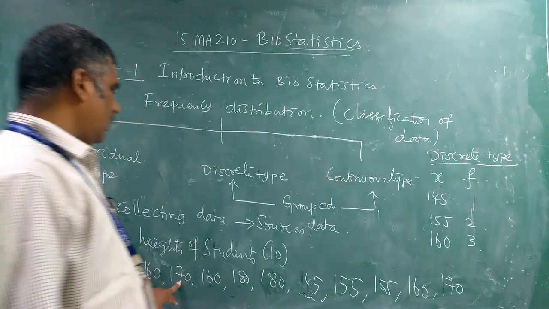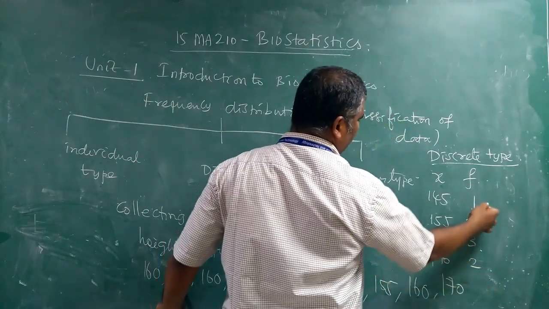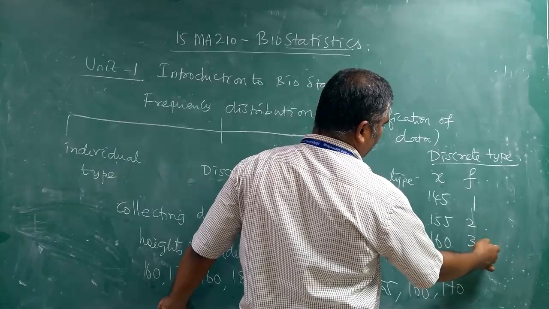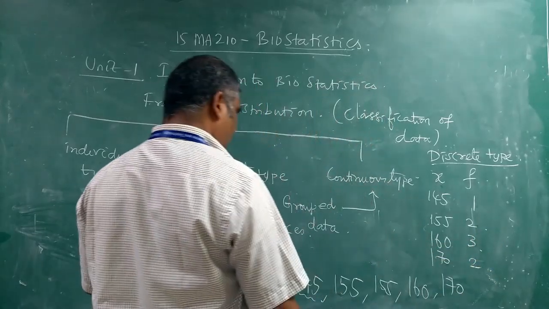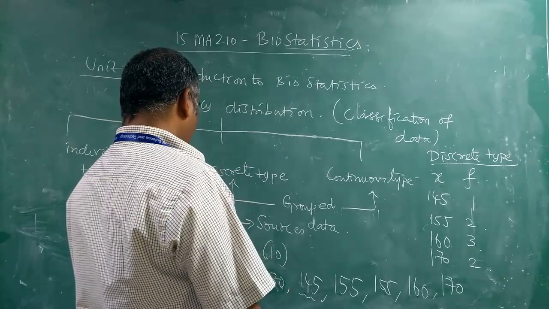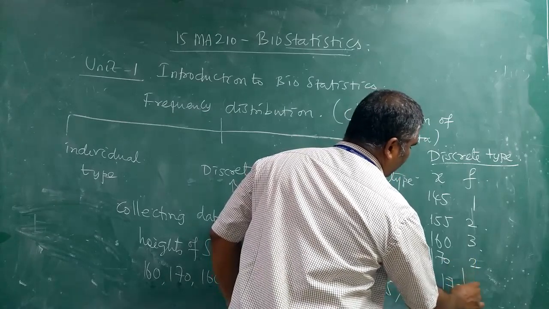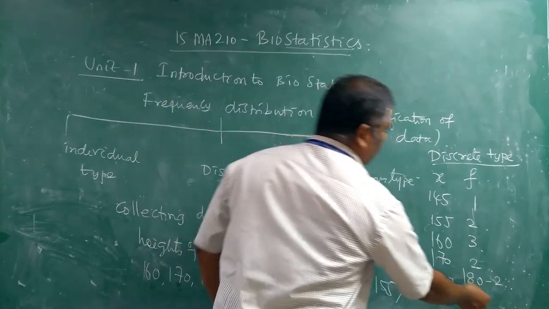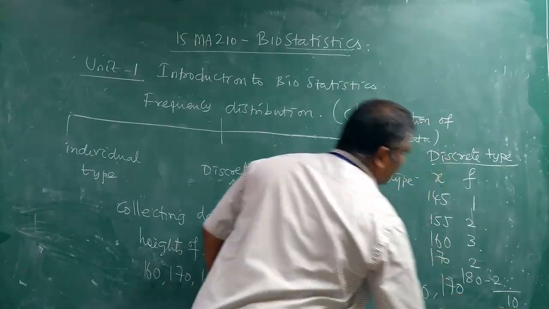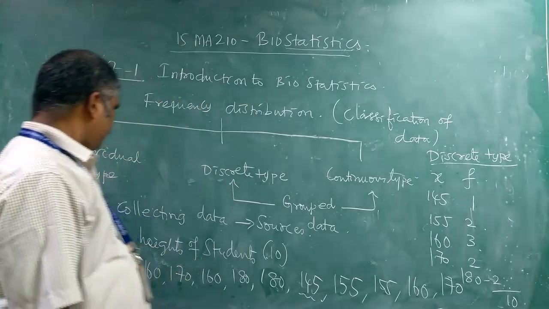Then 170 repeats 2 times. Then 180 repeats 2 times. So totally 10 students are there. This type of data is called discrete type data.